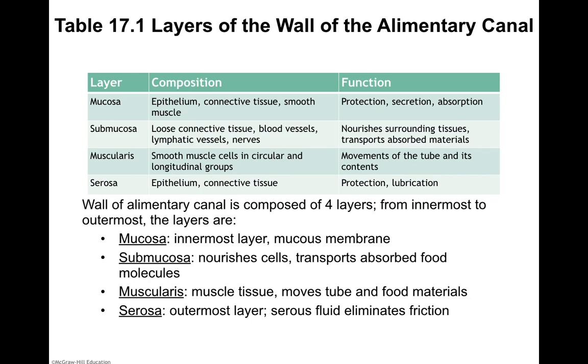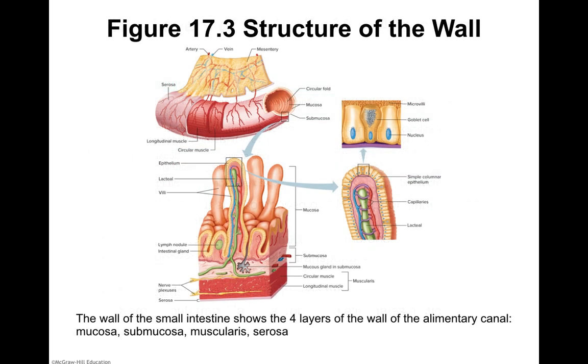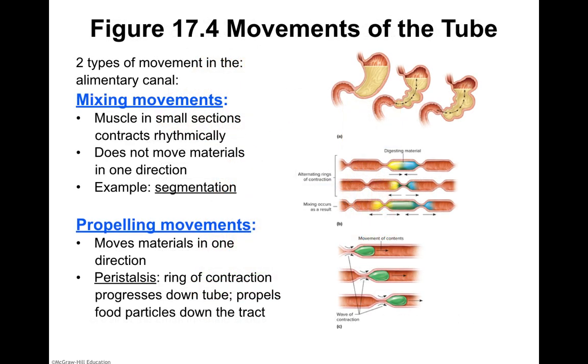It helps with moving the tube and mixing the food within it. And the serosa is the outermost layer, which produces the serous fluid that eliminates friction. This is a section from the intestine, showing the 4 layers of the alimentary canal: mucosa, submucosa, muscularis, and serosa.